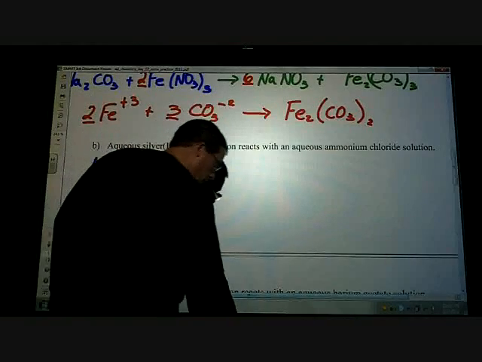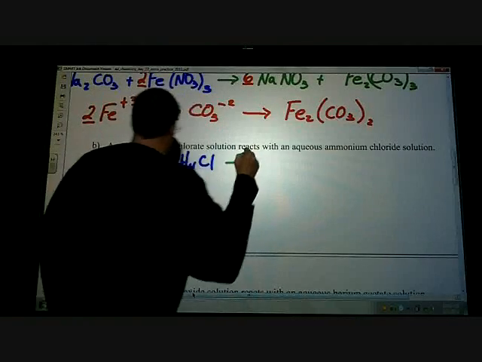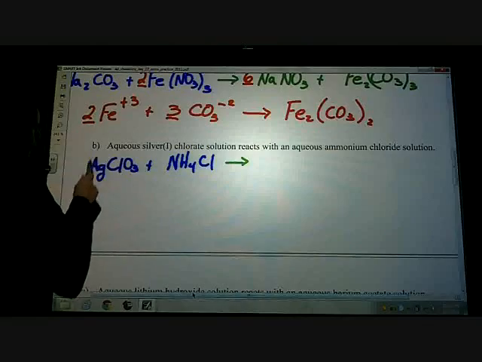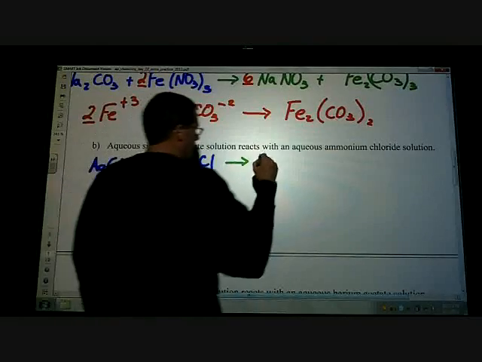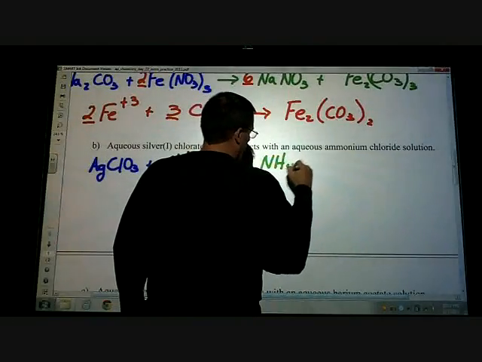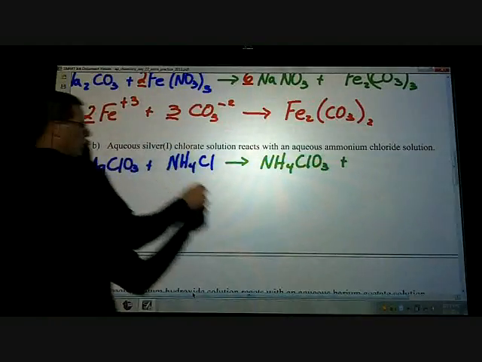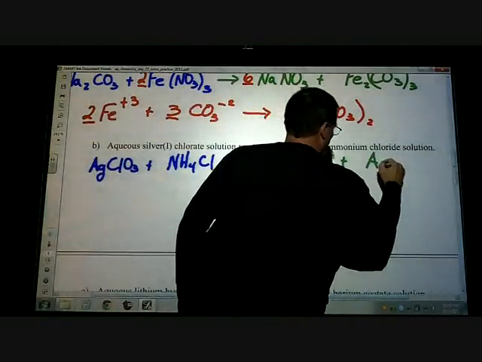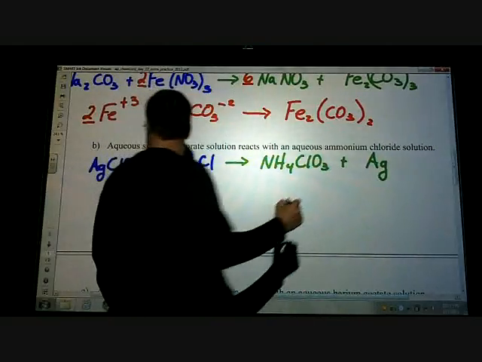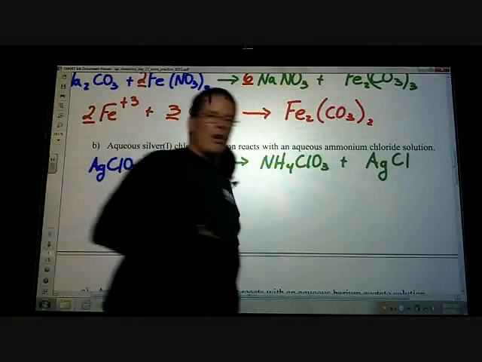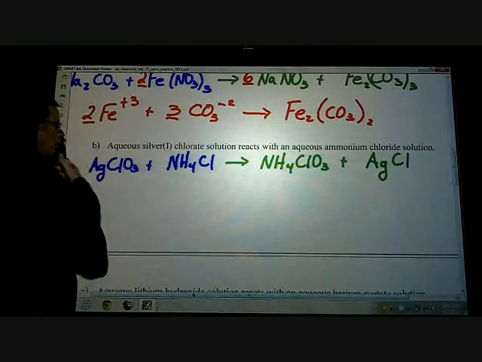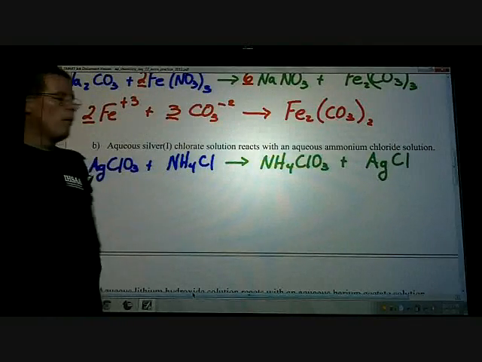They're balanced as written, which is nice. And then we're going to switch partners. So we're going to have ammonium with the chlorate. Always write the metal first. And then we're going to put the silver with the chlorine. Since these all had +1 or -1 charges, it's balanced as written as well.